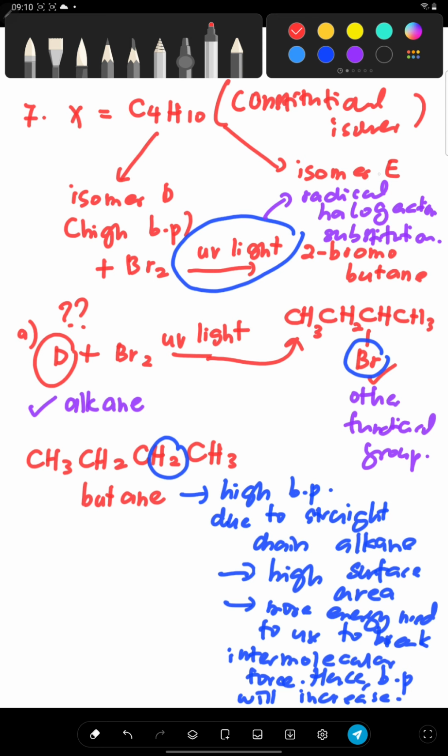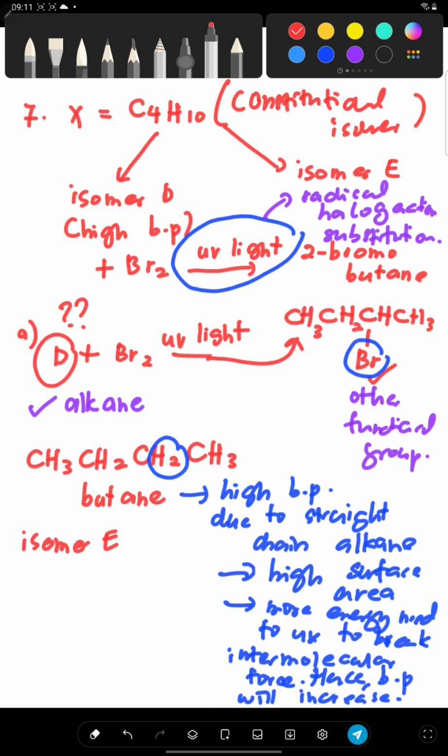Remember I explained to you in previous class, for this constitutional isomer, you need to reduce the number of carbon in the straight chain. After that, you need to make another carbon become a branch. So like this for isomer E.